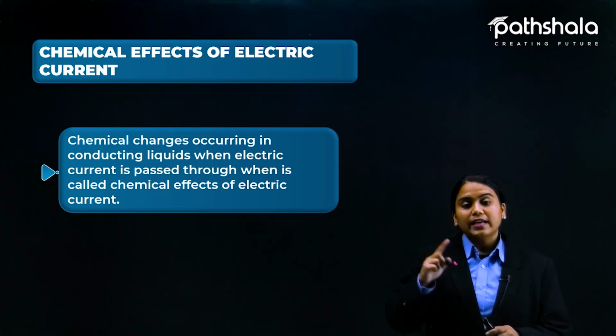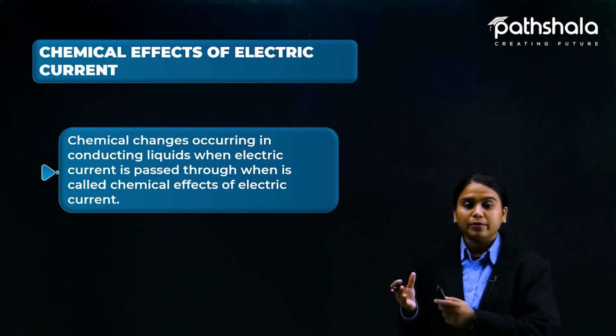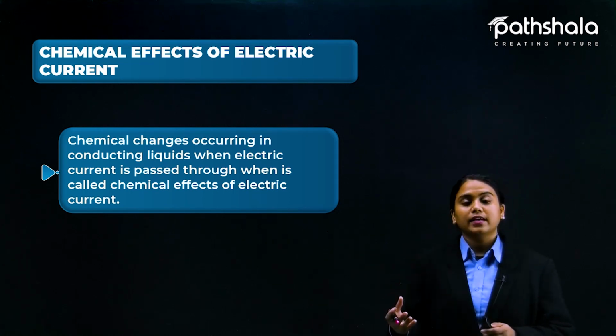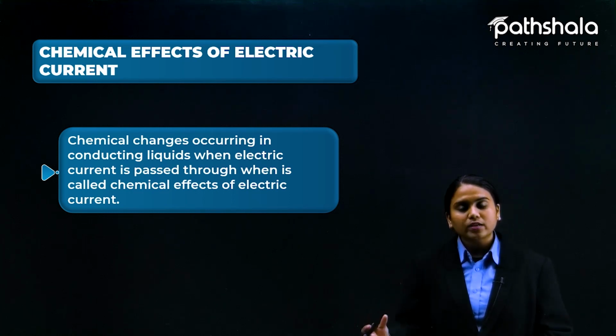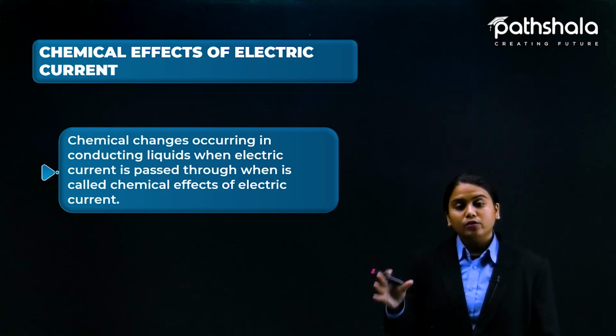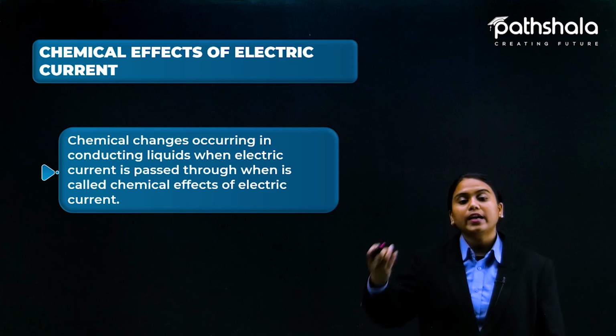So the solution is going to get used up by this circuit, and that circuit is again and again using it. That is why that liquid is going to reduce. That is known as the electrolyte, and while using that, we can say this is the chemical change.